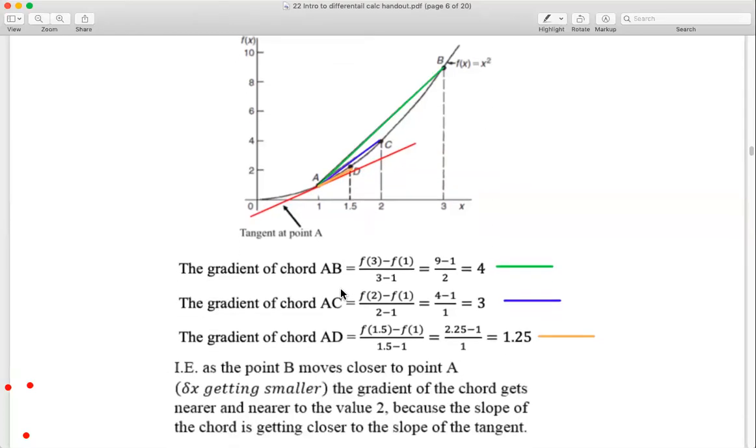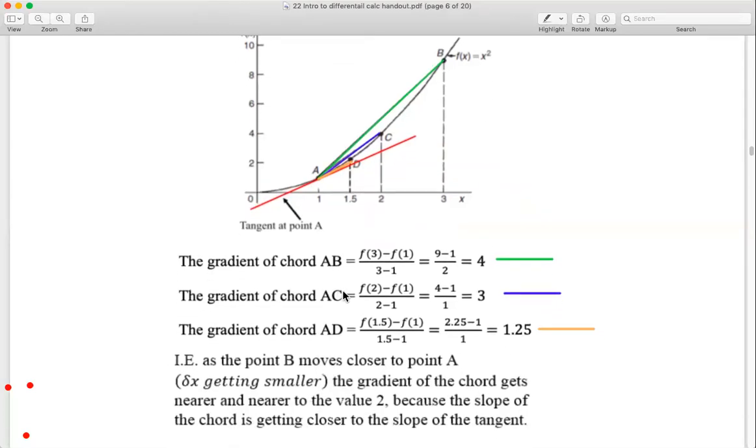Where'd you get the 2.25? Where do we get that from? Oh, hang on. That's 1.5, isn't it? So that's 1.5 minus 1. It should be a half there. It does say. Typo.